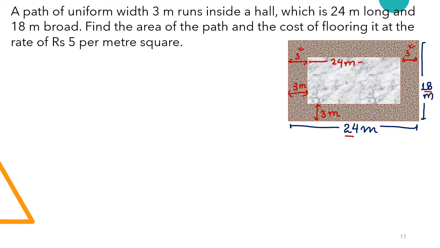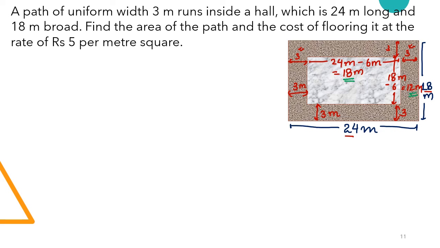So 24 minus 6 is 18 meter, and breadth is decreased by 6 meter in total, so 18 minus 6, that is 12 meter. Now the new length of the hall is 18 meter and new breadth is 12 meter.